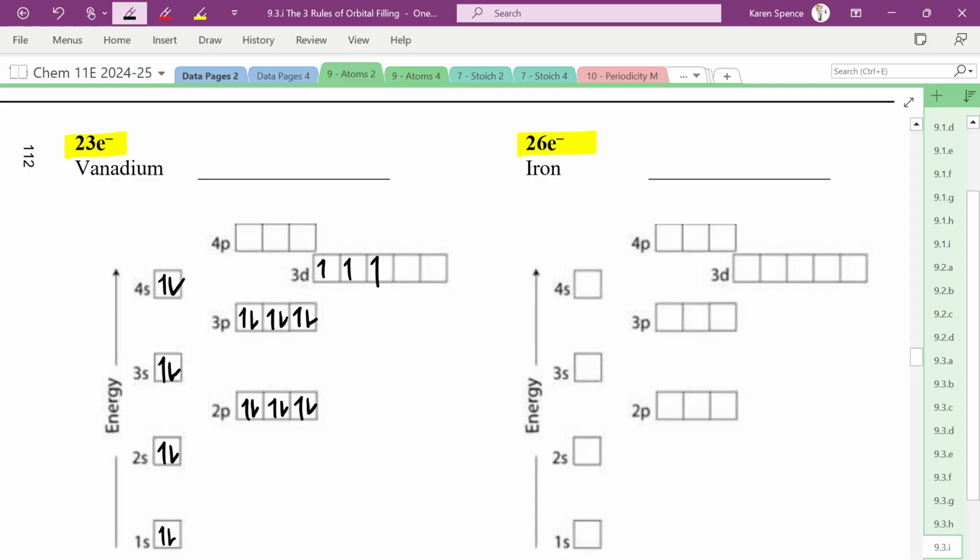So given vanadium's electron configuration, and given that its last 3 electrons go into the 3d subshell, where would you expect to find it on the periodic table? It's going to be a metal. What kind of a metal? It's going to be a transition metal, because the transition metals are where the d subshells are being filled.